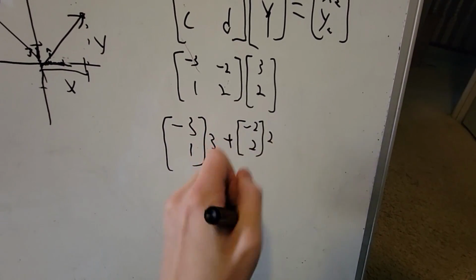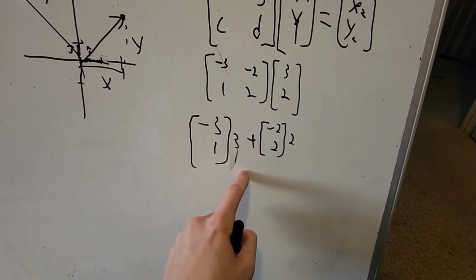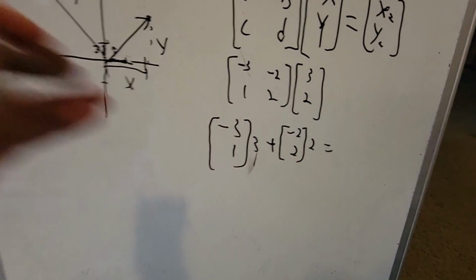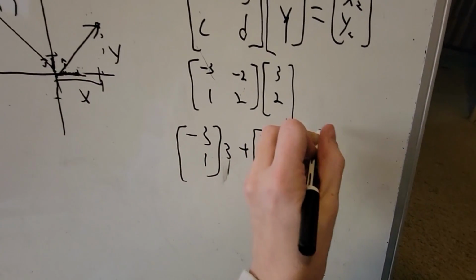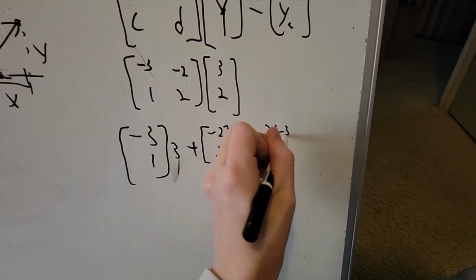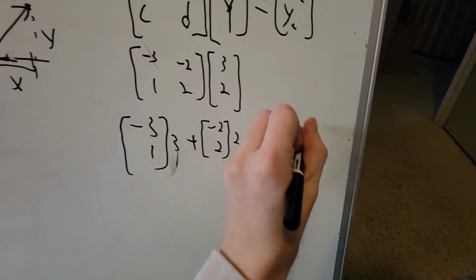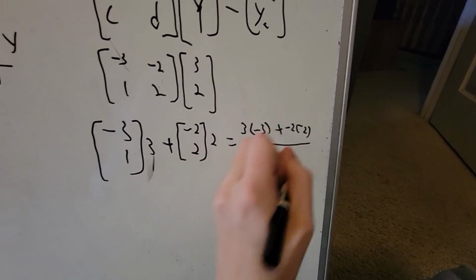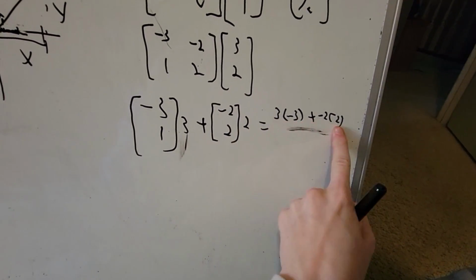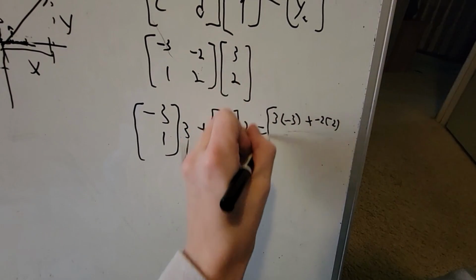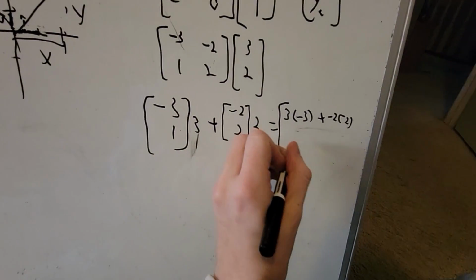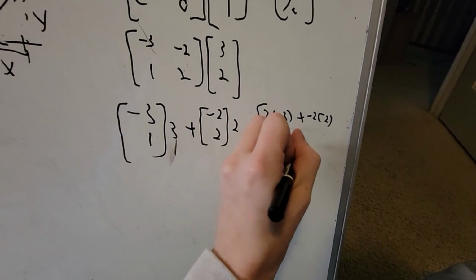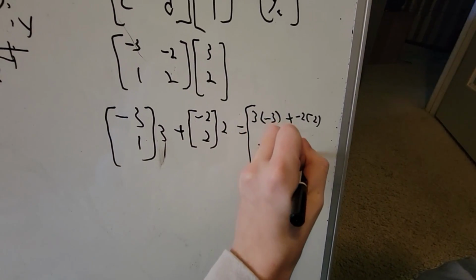So now we can do this calculation because we can do scalar multiplication. We now say 3 times -3 plus -2 times 2, and that's the first term. Now we say 3 times 1 plus 2 times 2.